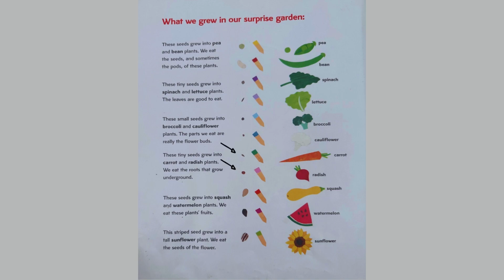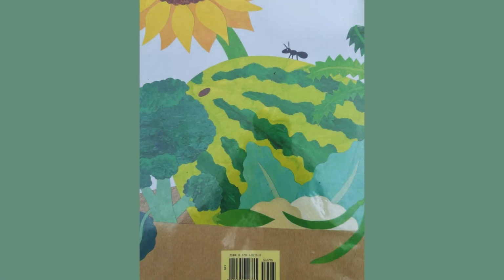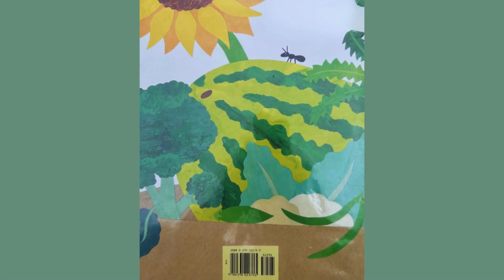These tiny seeds grew into carrot and radish plants. We eat the roots that grow underground. These seeds grew into squash and watermelon plants. We eat these plants' fruits. This striped seed grew into a tall sunflower plant. We eat the seeds of the flower. The end.